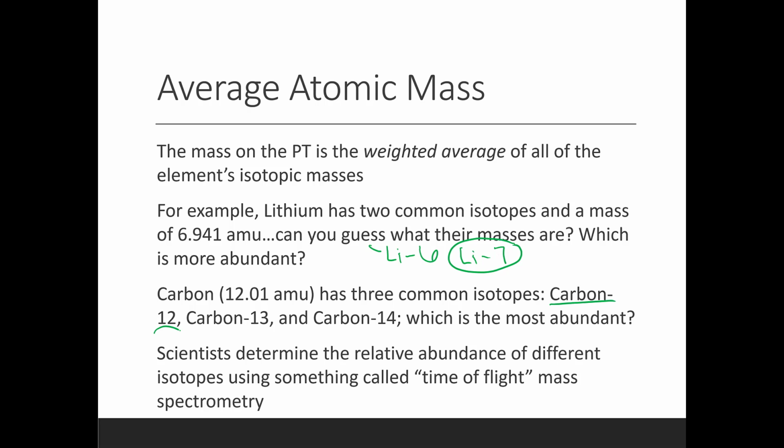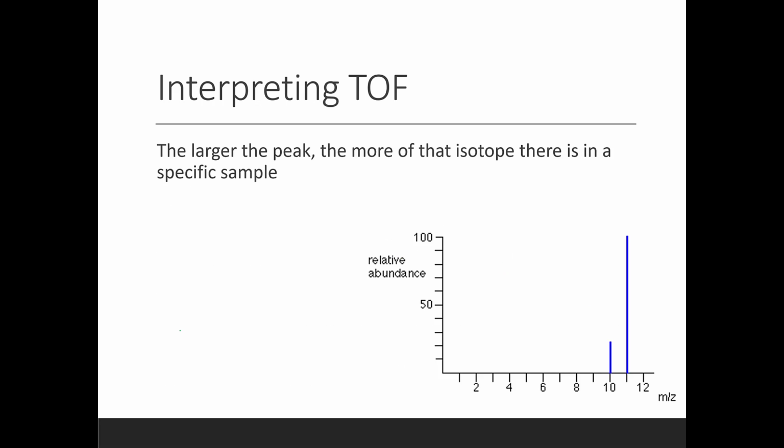Now, scientists determine the relative abundance of these different isotopes using something called time of flight mass spectrometry. We're just going to look very briefly at what that looks like. So basically, we get this graph here. This is what the time of flight mass spectrometry graph looks like. Basically, the larger the peak, the more of that isotope there is in any specific sample.